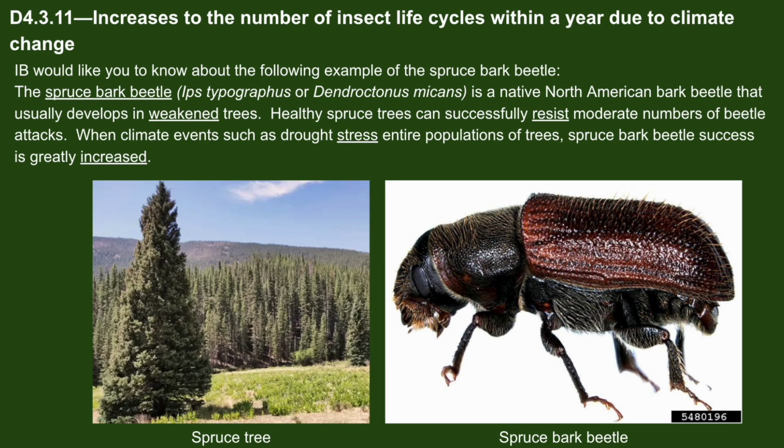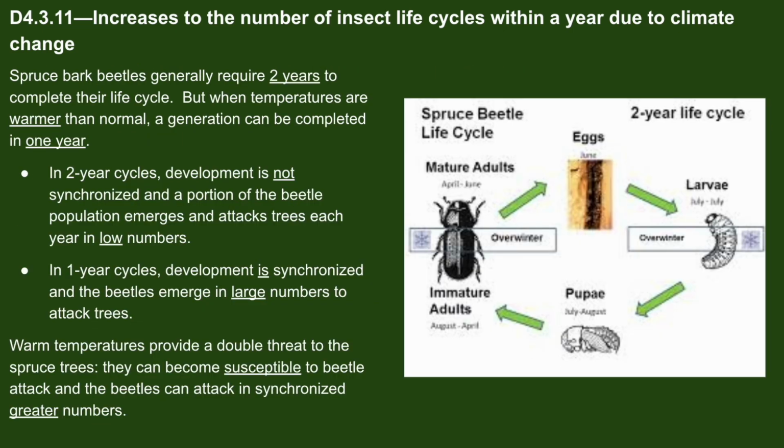Okay, the spruce bark beetle is a North American bark beetle, usually developing in weakened trees. We're seeing that healthy spruce trees can usually resist moderate numbers of beetle attacks, but due to climate events such as drought, entire populations of trees are stressed, and so we're seeing greater numbers of the spruce bark beetle.